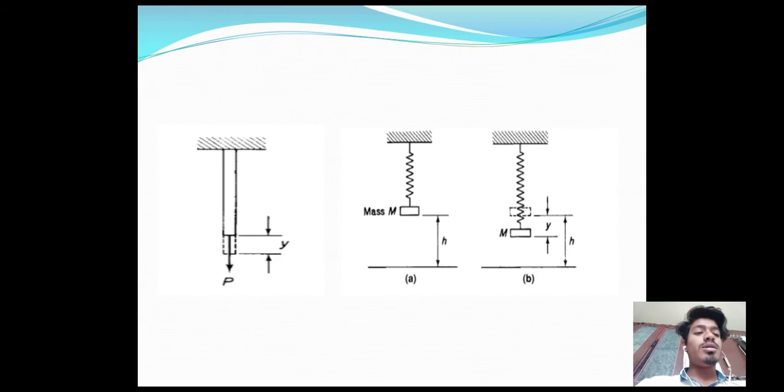Here are the examples. m is mass, P is load, y is deflection, h is height. It is shown in the spring-loaded systems and normal loaded systems.